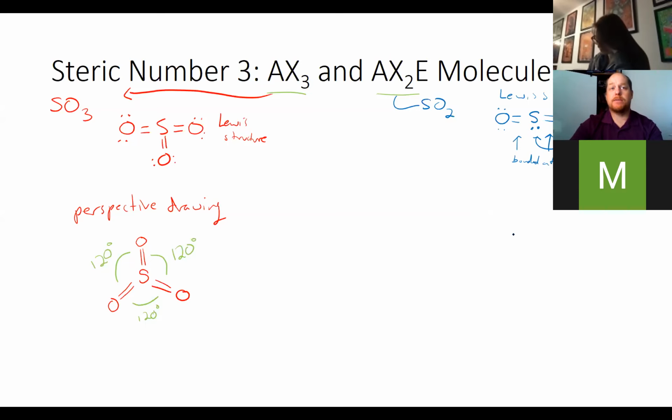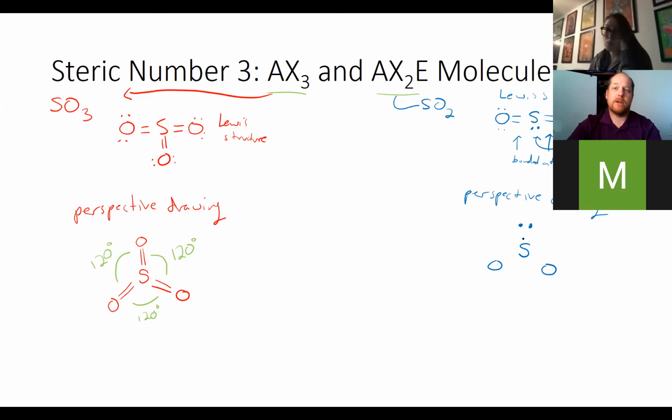And so when we draw out a perspective drawing for this, what we could do is draw again our sulfur in the middle and our 2 oxygens that are at about 120 degrees from each other. And then we have this lone pair of electrons up here.